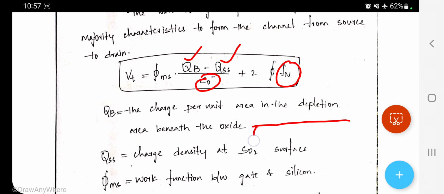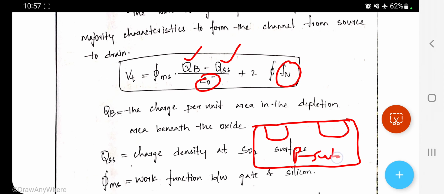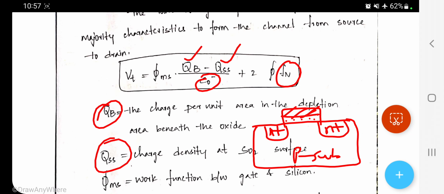So I'll tell you first what is QB here. Again you need to have this NMOS transistor equation, the NMOS transistor structure. So here itself we get what is QB and what is QSS. Whenever the gate to source voltage is applied greater than 0, suppose we start with 0, then 0.5 volts, 1 volt.